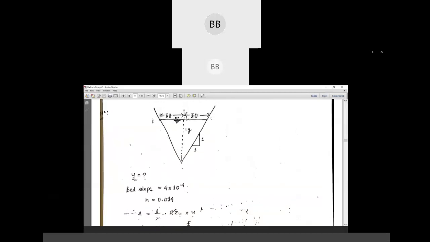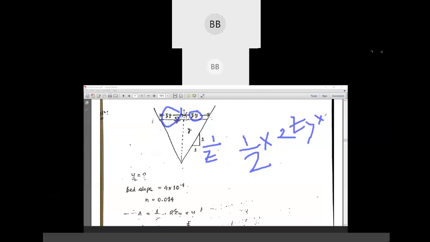Okay. So this is similar to your previous case what we have discussed as your 1:z. If you consider the side slope is 1:z, then this will be your zy. Similarly, if you consider this triangle, this will be your zy. So if you consider the area equation, half into base into altitude, as this is a triangular section, half into base will be twice zy multiplied by y.